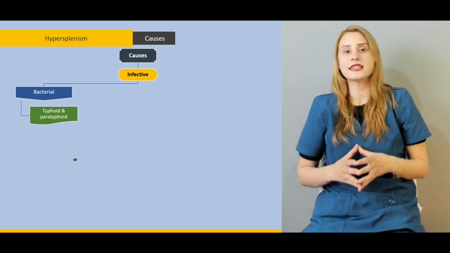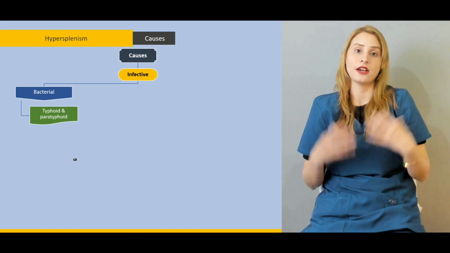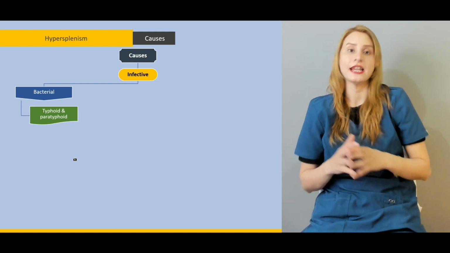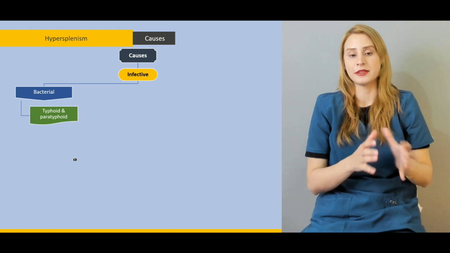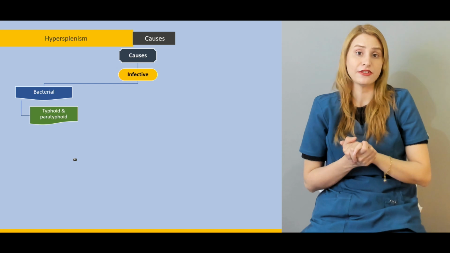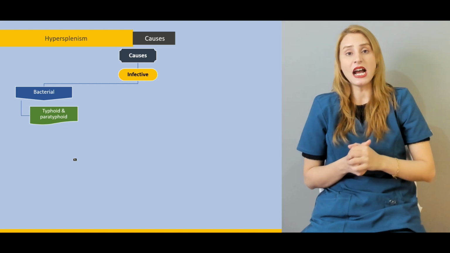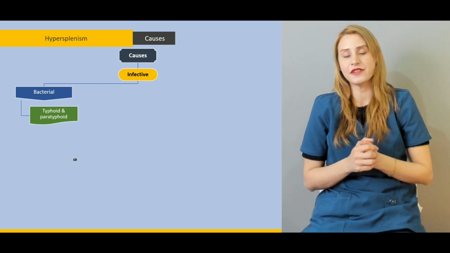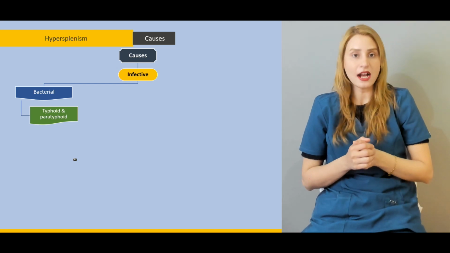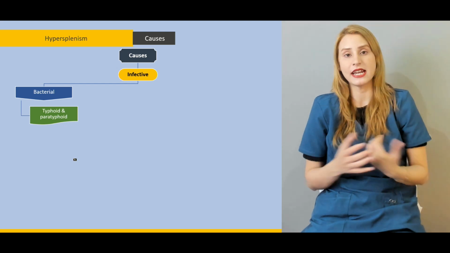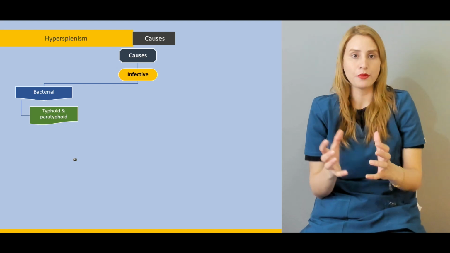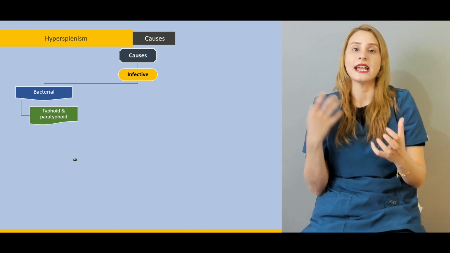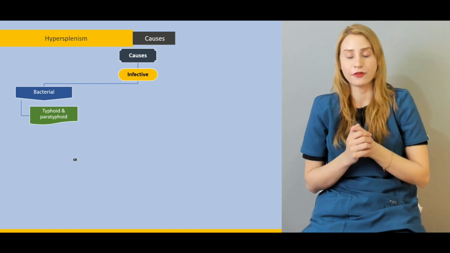Talking about the infective causes, we divide them into bacterial, viral and parasitic infections. If we talk about the bacterial causes of hypersplenism, there are typhoid and paratyphoid. The bacterial species Salmonella typhi and Salmonella paratyphi cause a medical condition called enteric fever, or typhoid fever.